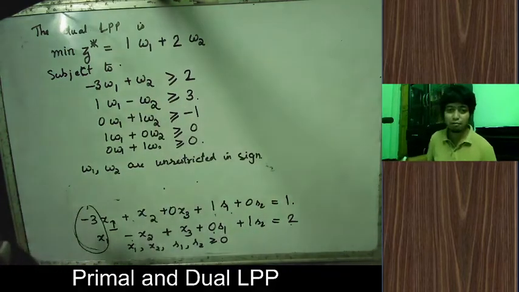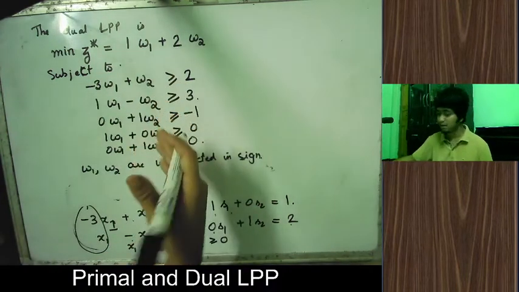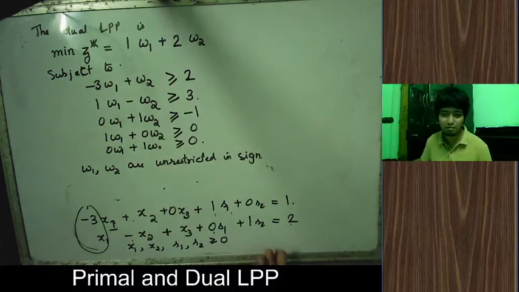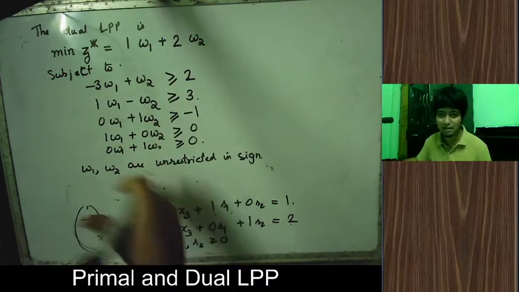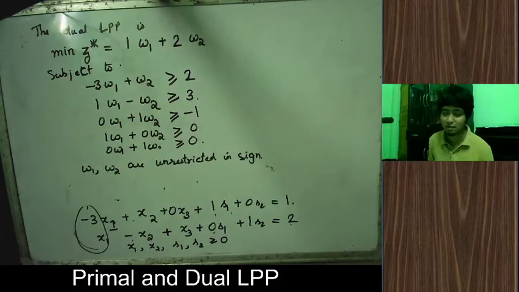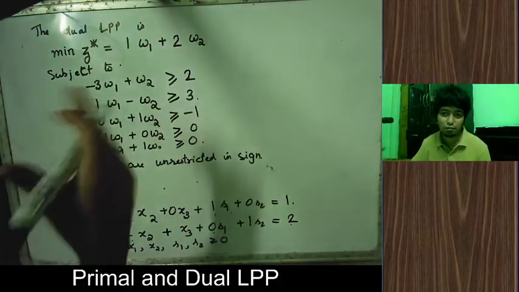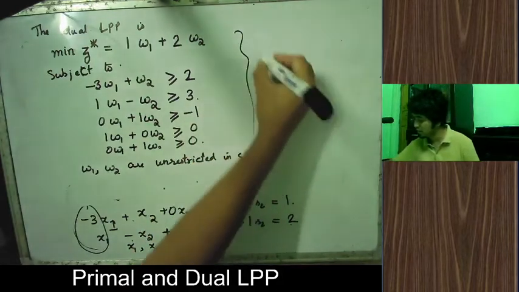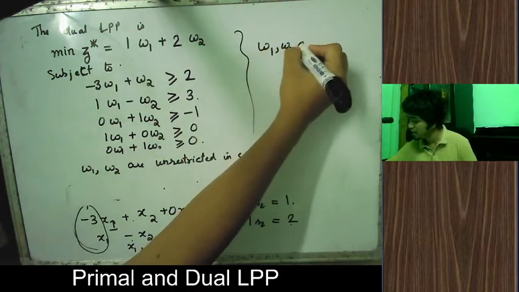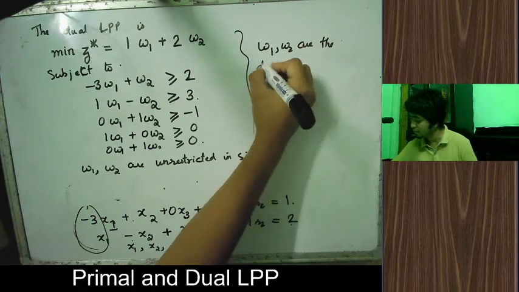So this is how we form the dual LPP. Just remember that first you need to convert constraints into equalities and then just do the steps accordingly. And w1 and w2 are now called the dual variables.